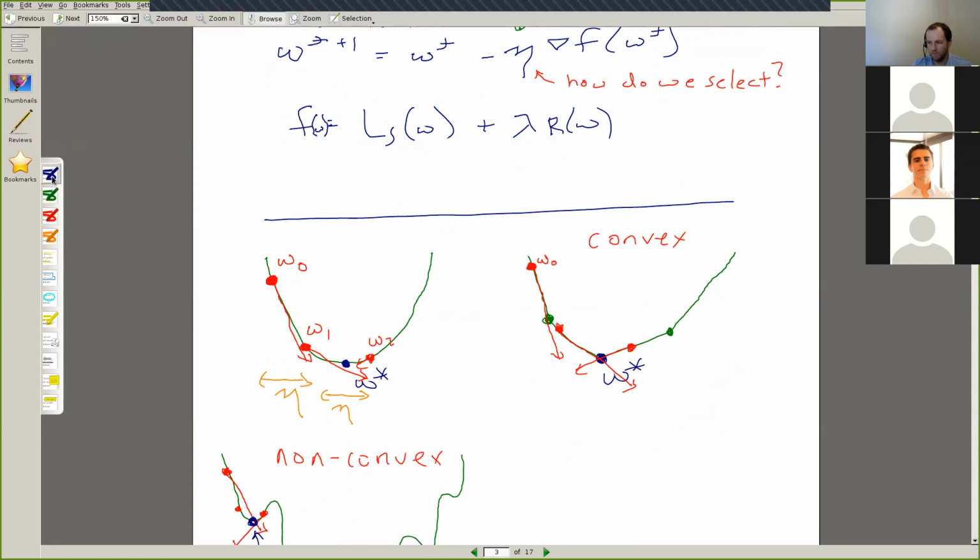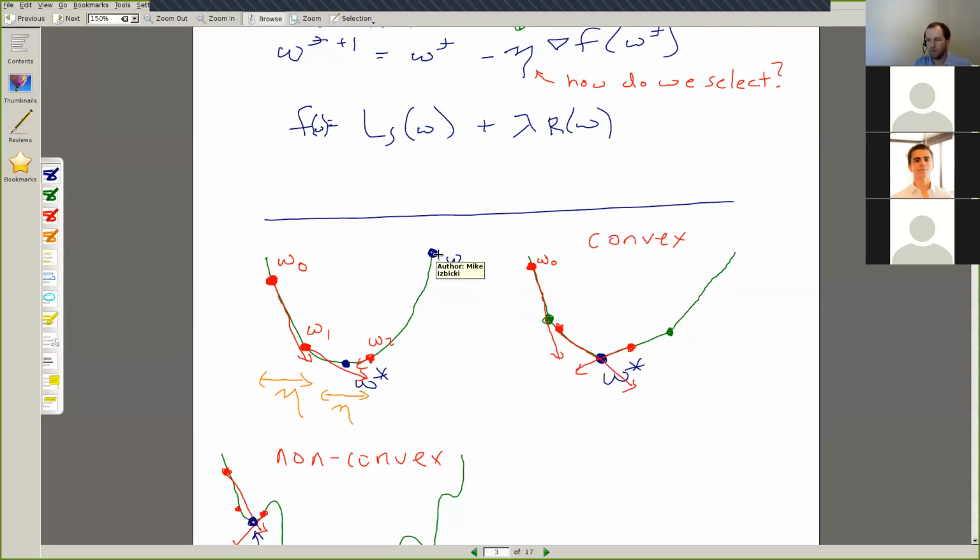With this plot right here, if our eta value is really large, then we continue going in this direction to the right, but we'll go so far that we overshoot W star and come way over here. And in fact, this W1 value is now greater than this W0 value because our eta was so large.